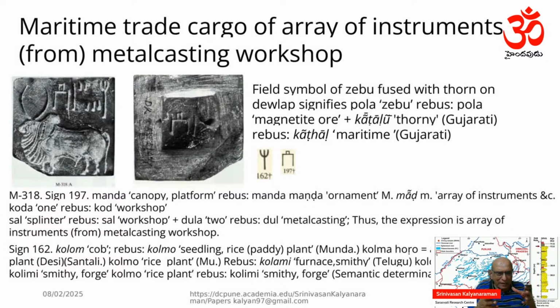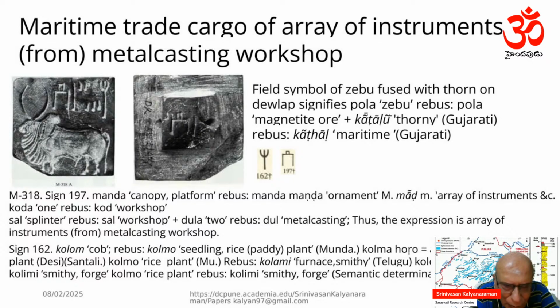Another seal with the Zebu. Again a maritime cargo of array of instruments from a metalworking workshop. And this text script gets repeated even on the back of the seal, on the holder of the seal, on the knob of the seal, because it's important for the recipient to understand that this relates to Koda, Code workshop.